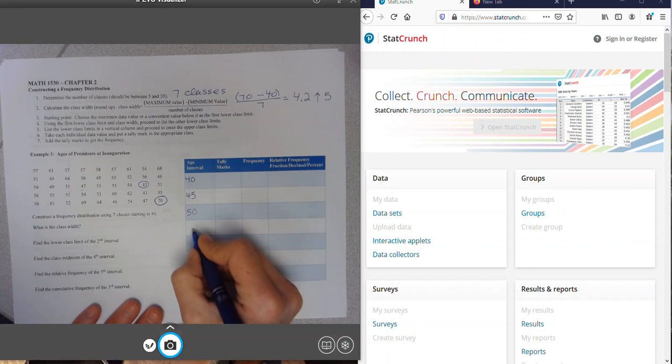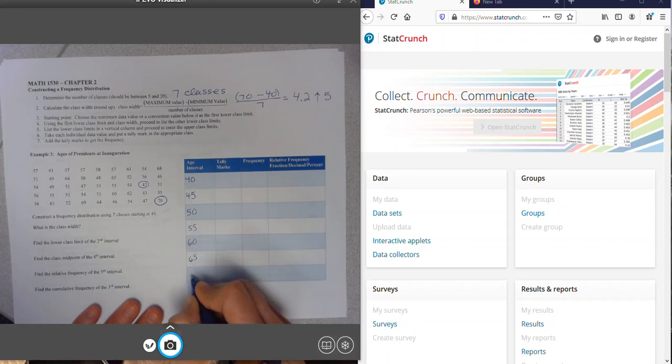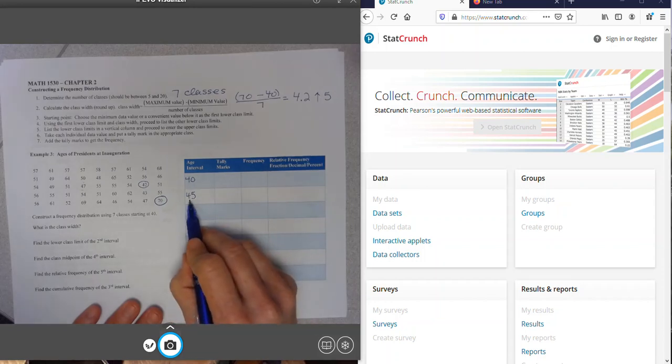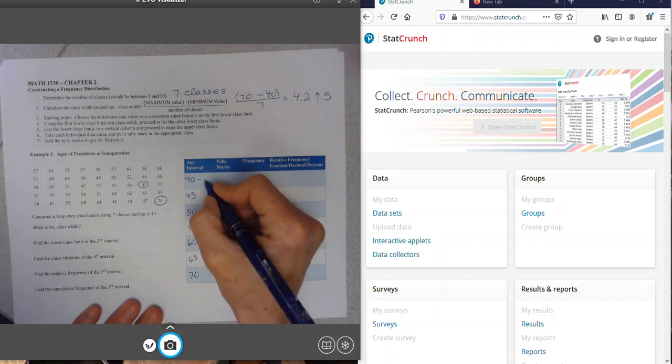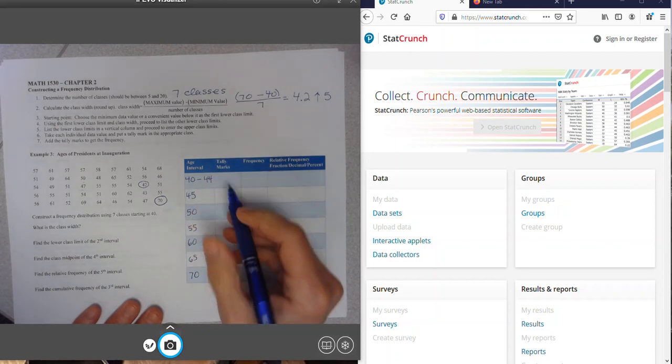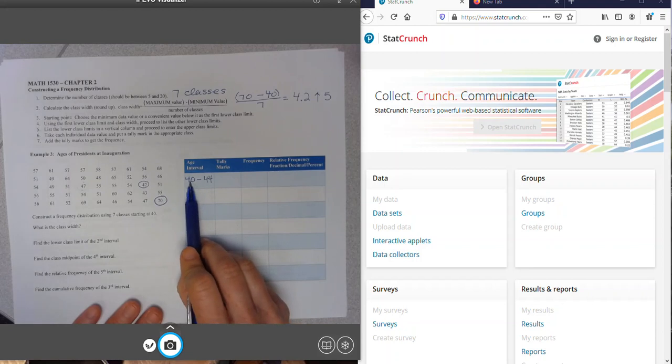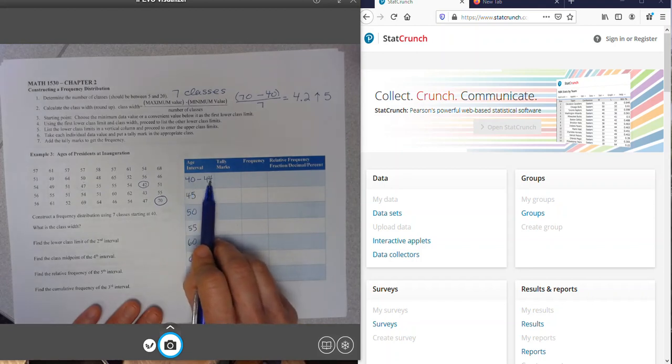Then age 50, 55, 60, 65, and 70. So if this one starts at 45, this class will end at 44. So we call this our lower class limit, which is 40, and the upper class limit is 44.